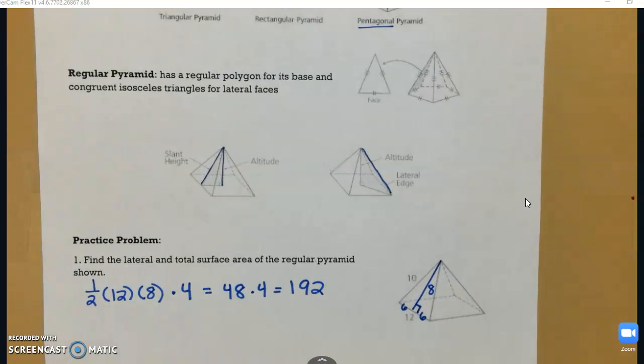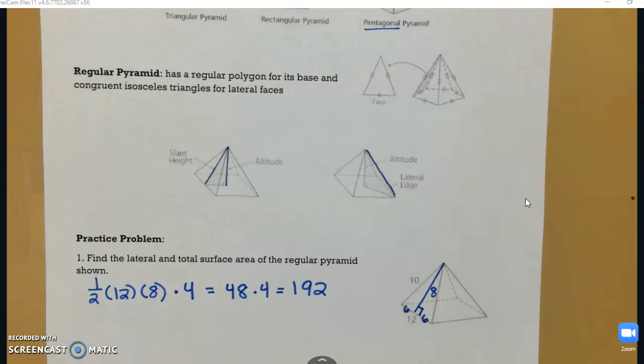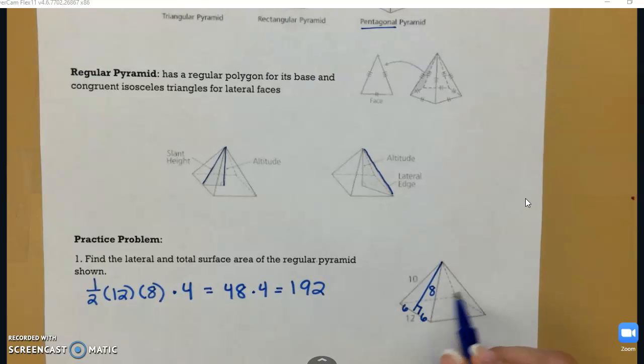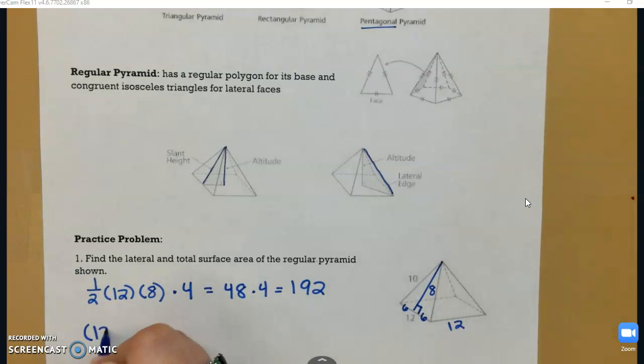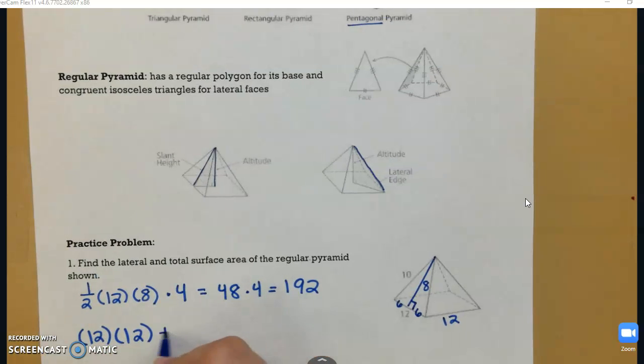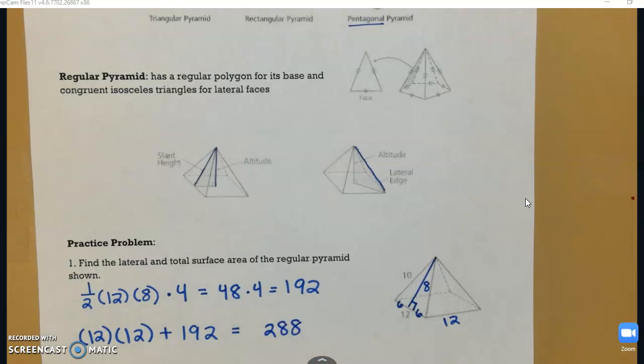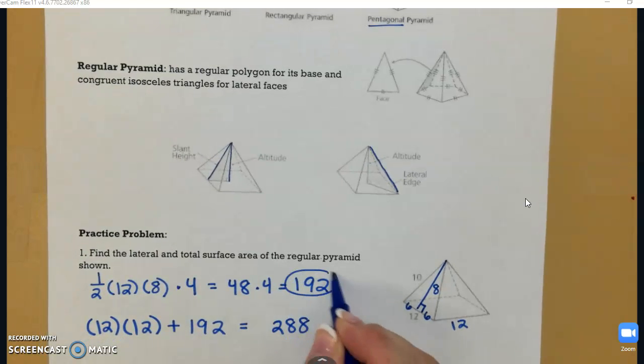Then to find the total surface area, I need to find the area of my base. And this is actually a square. It's a 12 by 12. So the base area is 12 times 12. And so for the total surface area, I'm going to add my lateral surface area. So 144 plus 192 gives me 288. So here's my lateral surface area and my total surface area.